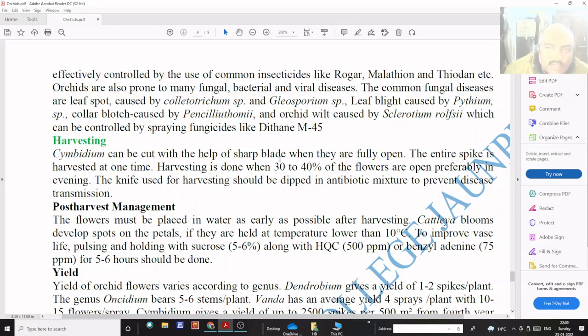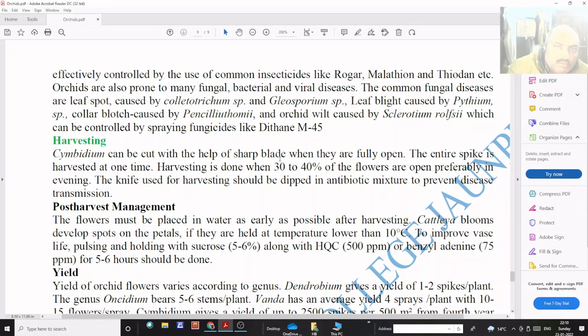After harvesting, the flowers are kept in a 5 to 6% sucrose solution, along with 500 ppm hydroxyquinoline citrate solution, or benzyl adenine 75 ppm for about 5 to 6 hours, just for the enhancement of their shelf life.